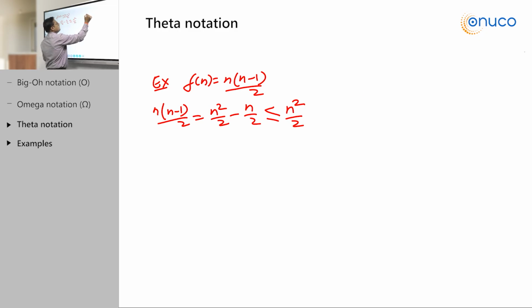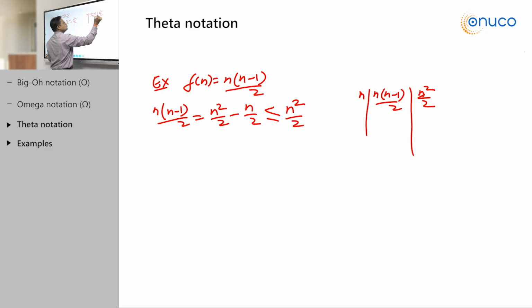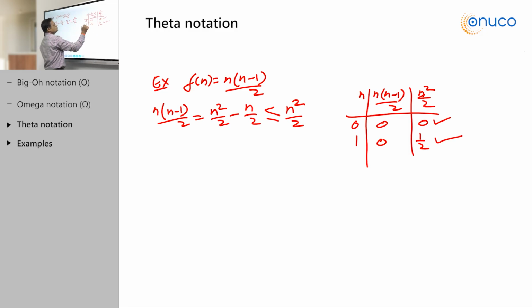For that, we have n into n minus 1 divided by 2 and n square by 2. We will take the values one by one. For 0, both are 0. For 1, this side is 0, this side is 1 by 2. So 1 by 2 is greater, so it is true. For 0, both are equal, so it is true.